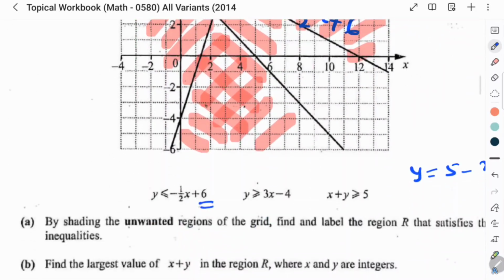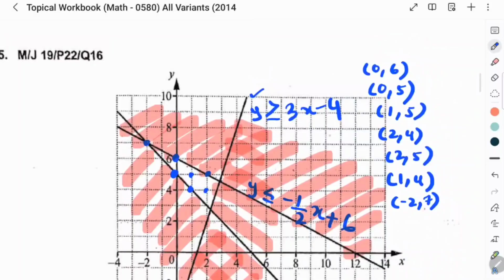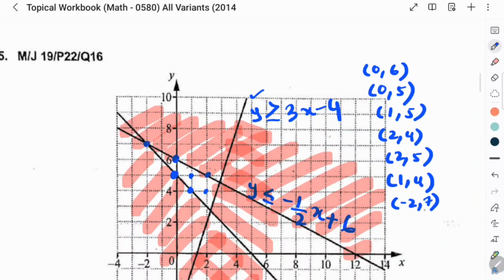But we need to find the greatest value of x plus y. So x and y both will be more. So here what we can do? We can take the coordinates. We can easily see that 2 plus 5 and -2 plus 7 is giving you 5, and 2 plus 5 is giving you 7.